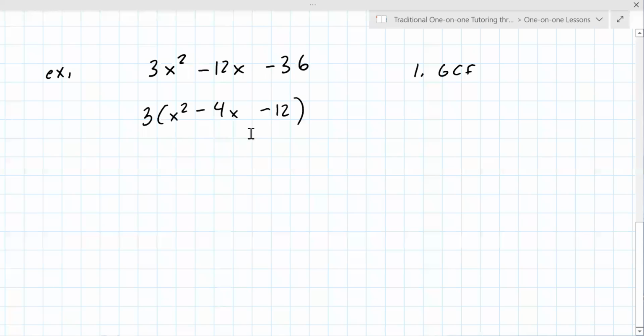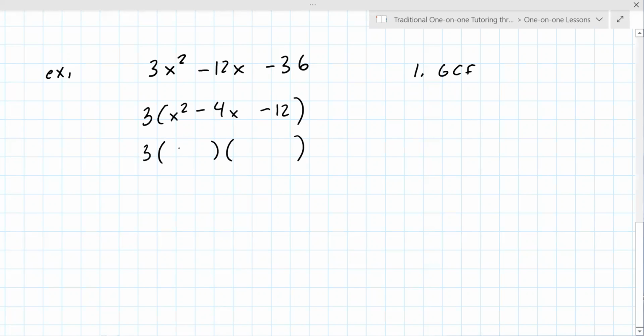So I'd like you to try factoring this trinomial here. Two numbers that multiply to negative 12 but add up to negative 4. Okay. 2 and negative 6. Okay.